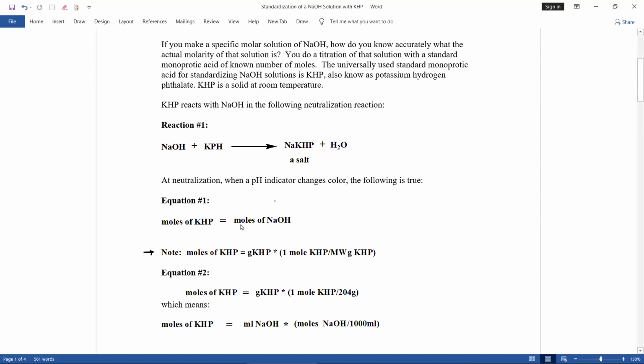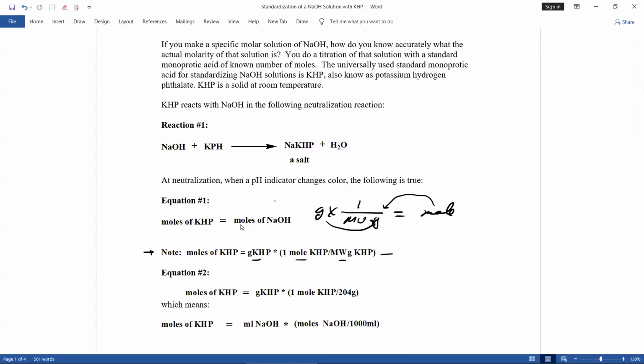Right here: moles of KHP equals grams times 1 mole per the molecular weight. Remember how we said if you have grams and you want to go to moles of a compound, moles go on top, grams go underneath, and you get that 1 mole equals the molecular weight?